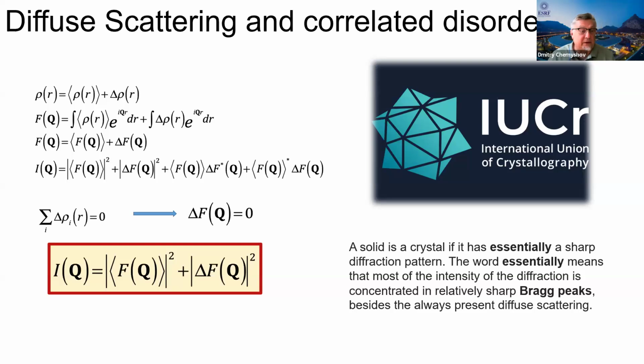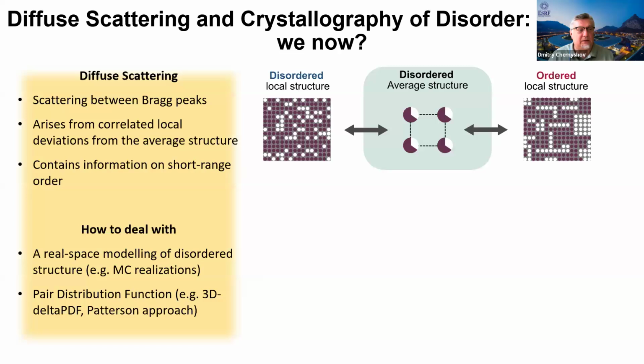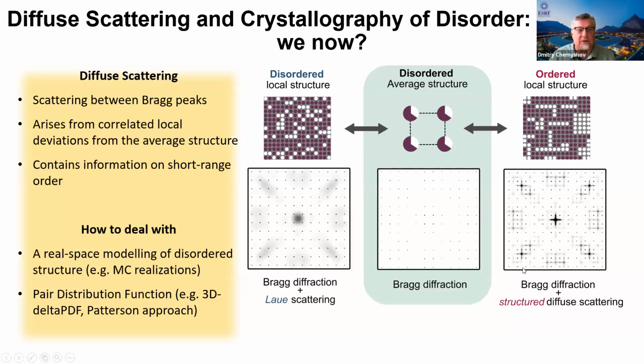So the crystal is everything which gives you Bragg scattering, besides the always present diffuse scattering. However, interpretation of diffuse scattering is quite tricky. We know that it arises from correlated local deviation from the average structure. It contains information on the short range order, but how to deal with it is not easy.